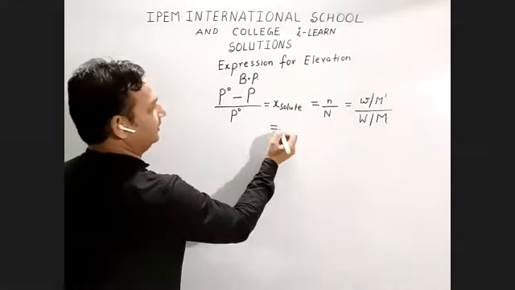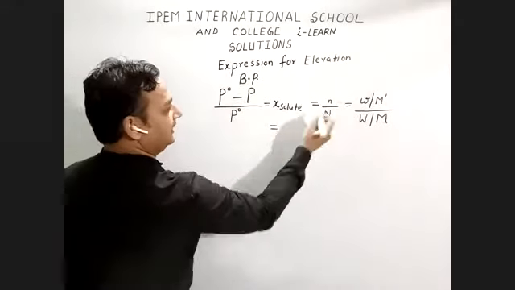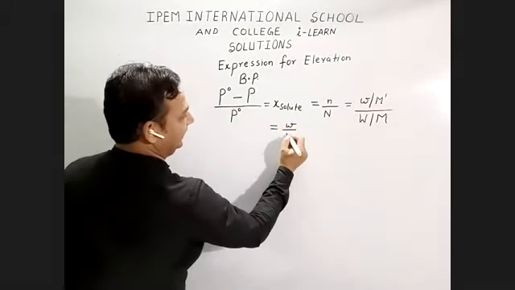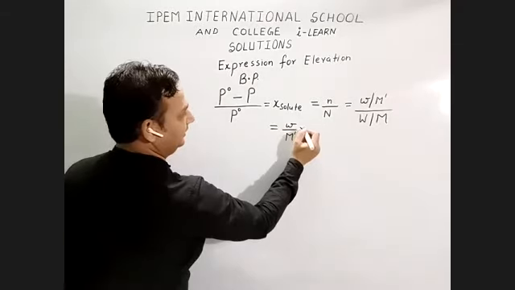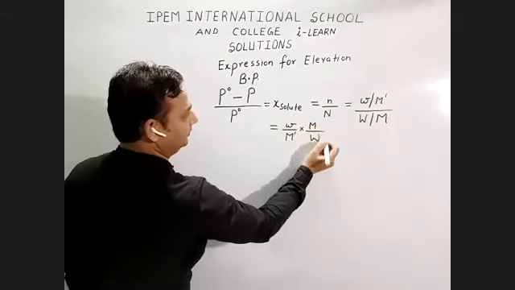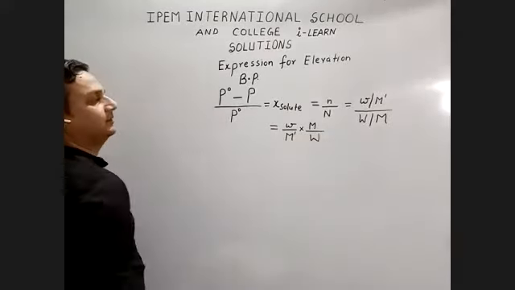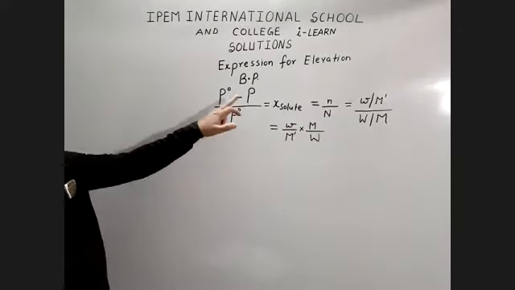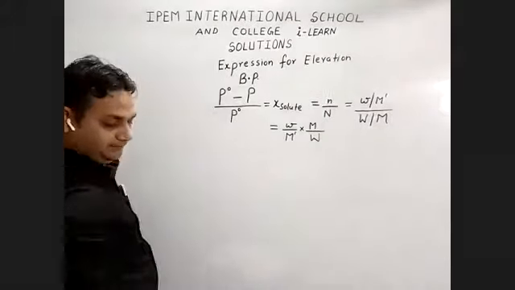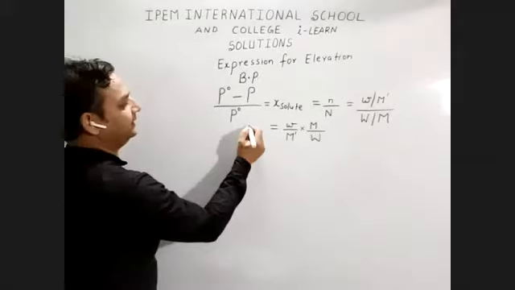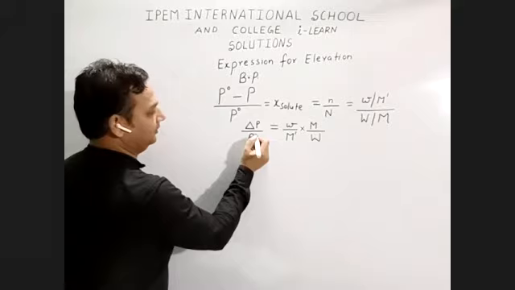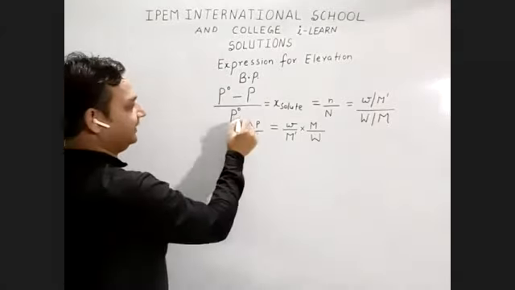It means P naught minus P upon P naught can be written as w upon M dash, into M upon W. All these have the same symbols we have discussed. P naught minus P upon P naught, that is what we call delta P upon P naught.